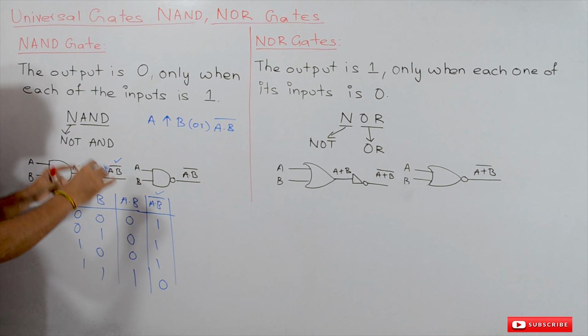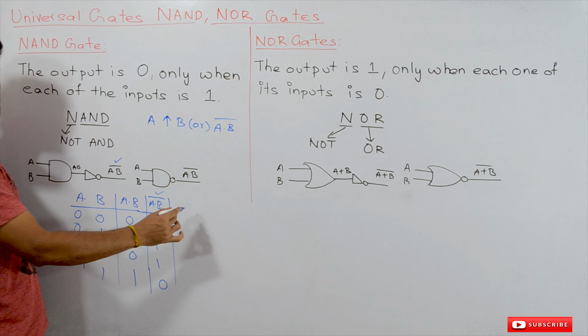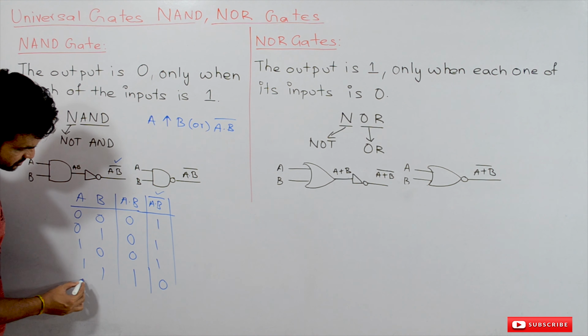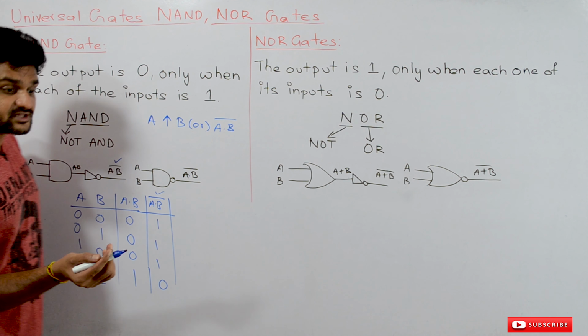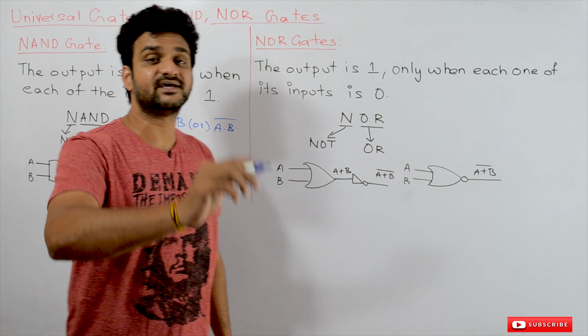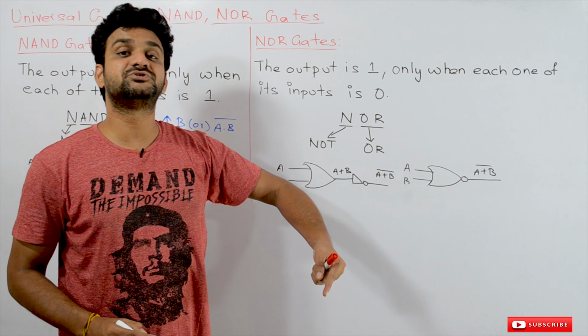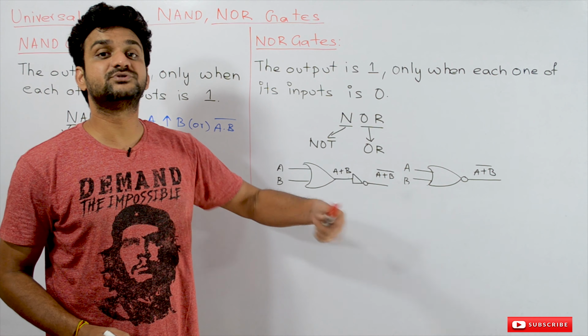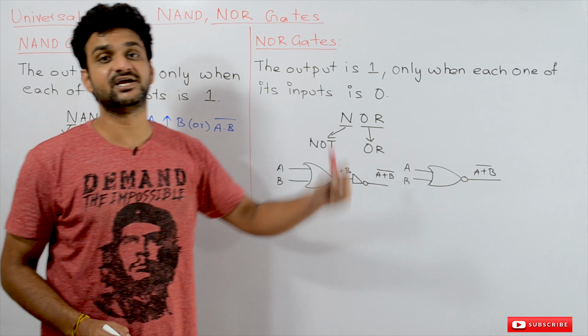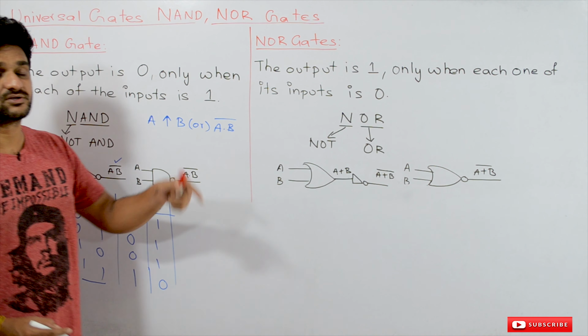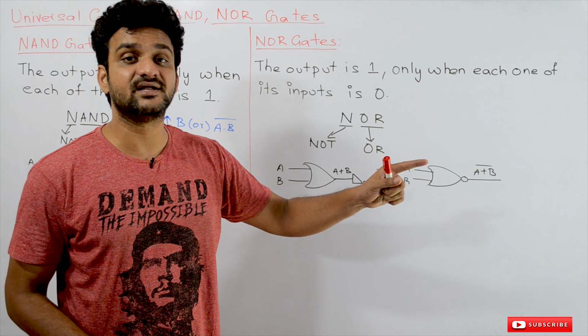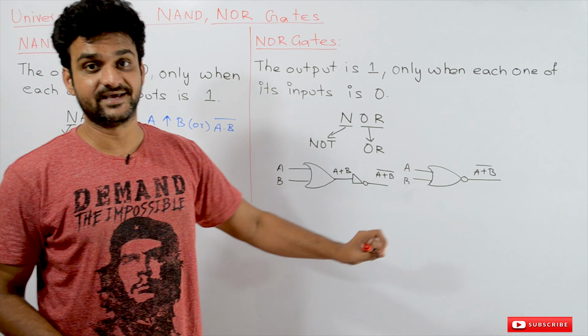The output of the NAND gate is going to be 0 only if all the inputs are 1. So the complement of the AND gate happens in the NAND gate.